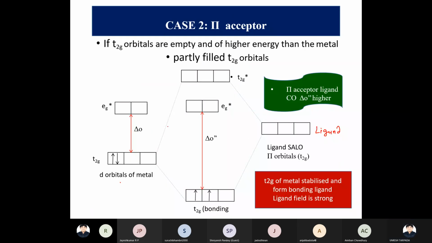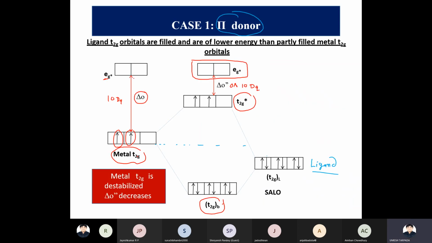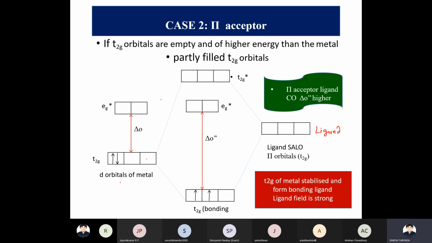Now here what happens, see this orbital is split in this way. T2G star की energy Eg star से बढ़ जाएगी. यहाँ पहले T2G star की energy Eg star से कम थी, but here it is greater than Eg star, और Eg star तो अपनी जगह पे रहेगी. तो किसके बीच का difference 10 Dq होगा? T2G and Eg star.